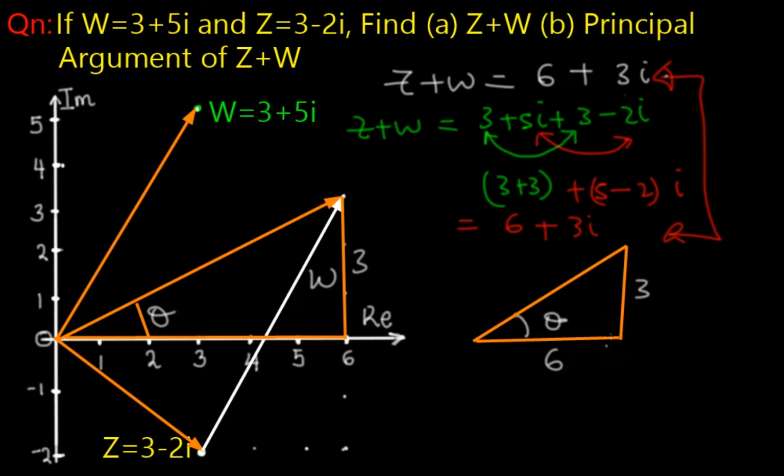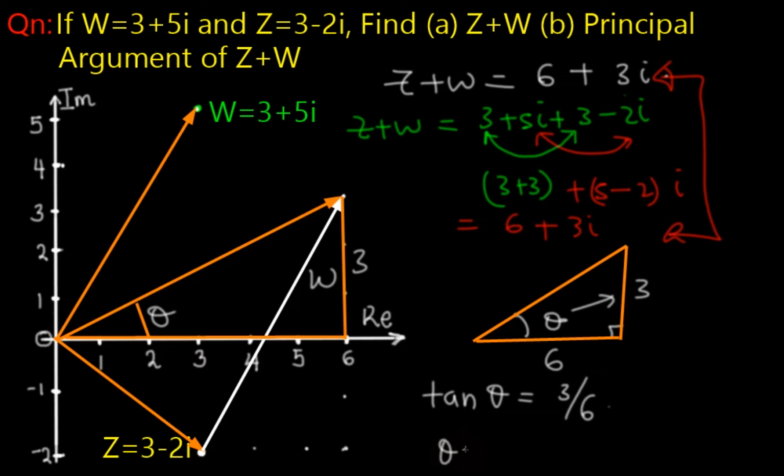Remember, if we have our right-angled triangle like that, with theta here, the opposite and the adjacent, we are going to use trigonometry to obtain the value of theta. So we say tan of the angle theta is equal to the opposite, which is 3, out of the adjacent, which is 6.